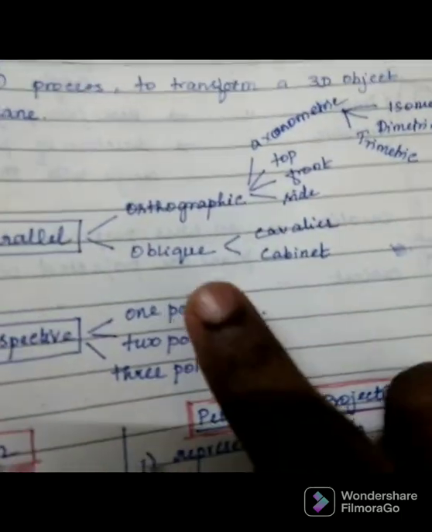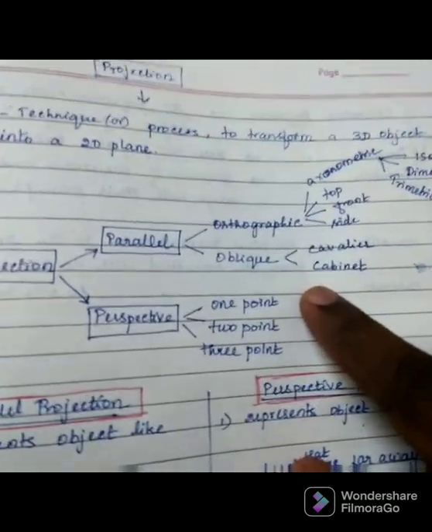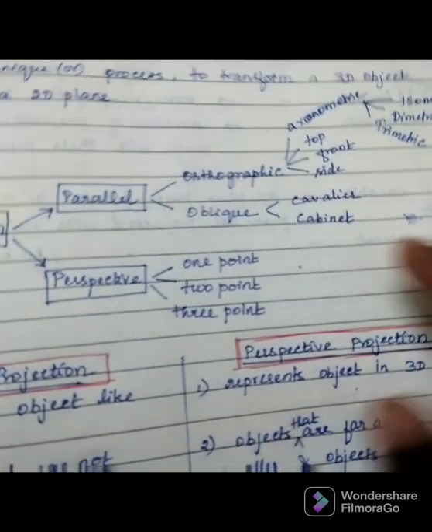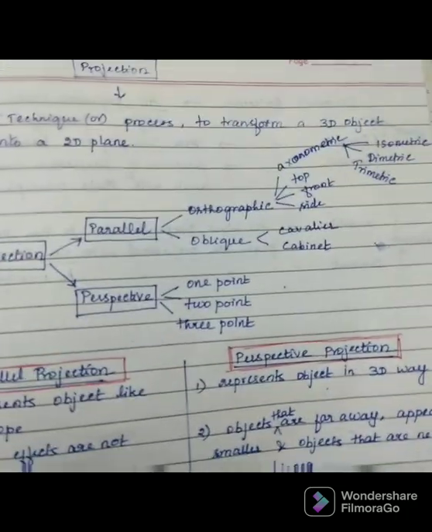In oblique type, oblique parallel projection, it's of two types, cavalier and cabinet.